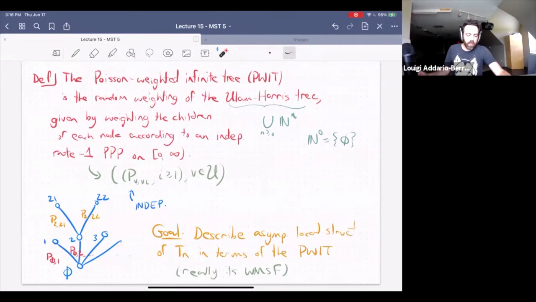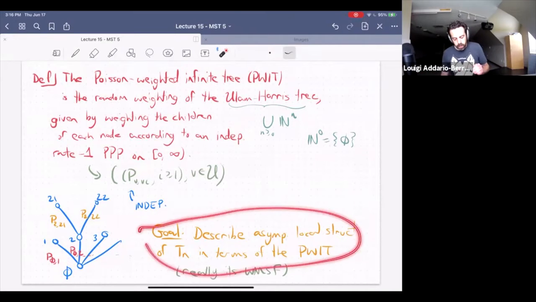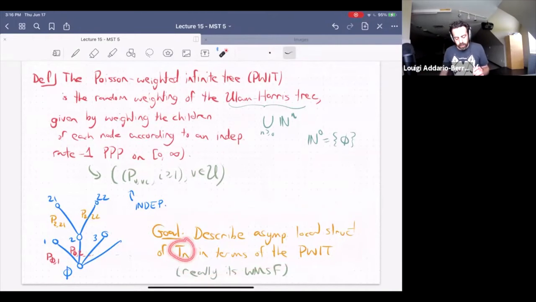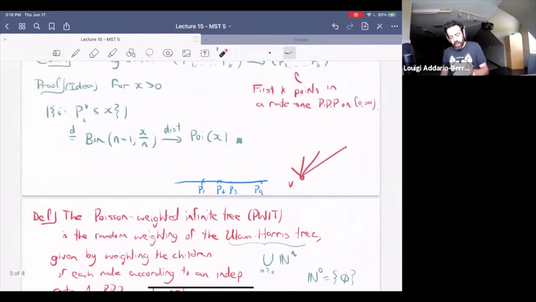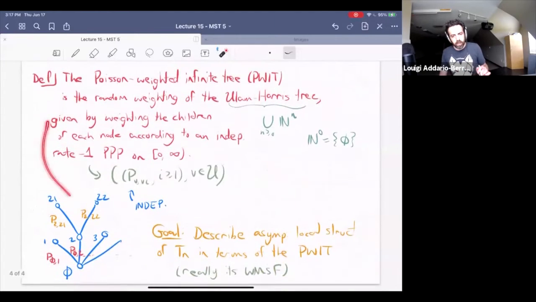Okay, so in order to explain why we should hope to describe the local structure of the minimum spanning tree of Kn in terms of this object, so far all I've done is some very vague heuristic saying that maybe locally, if we think of the weights as lengths, then the local structure in the complete graph looks a bit like the local structure of this Poisson weighted infinite tree.